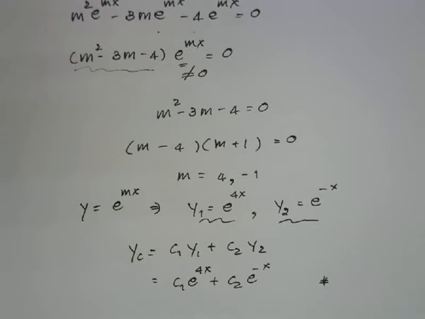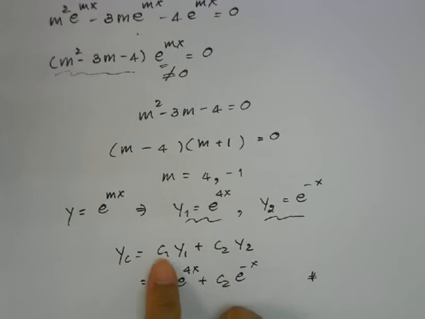You can write this term before this term, or after this term, because c1y1 plus c2y2 is equal to c2y2 plus c1y1.